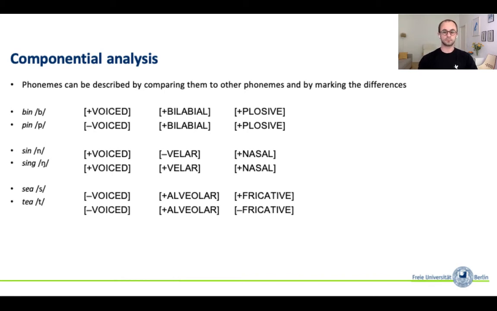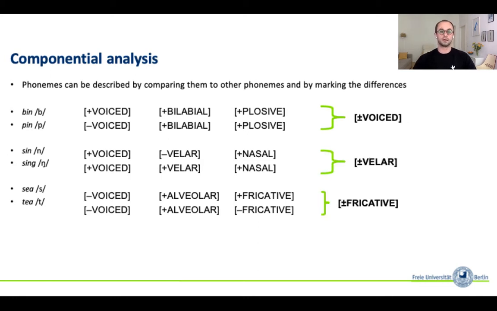And if we compare these pairs of sounds based on their features, we can see that, for example, bin and pin only differ in terms of voiced or not voiced. Sin and sing differ in one feature, and that is velar, and c and t differ in terms of fricative or non-fricative.